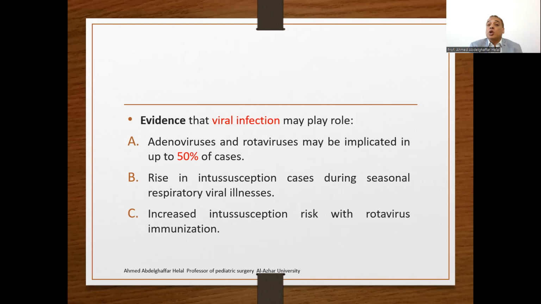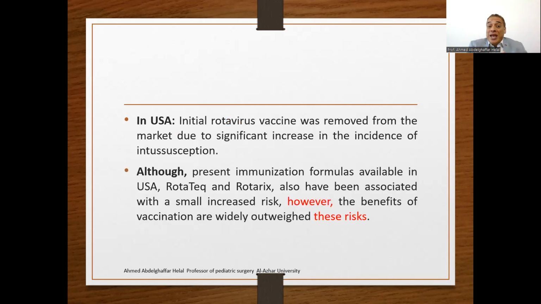So the link may be related to viremia and enlargement of the Peyer's patches, which will act as a starting or leading point. Also, there is a documented increased intussusception risk with rotavirus immunization. So all these items of evidence suggest that viral infection may be related to primary or idiopathic intussusception. In the USA, the initial rotavirus vaccine was removed from the market due to a significant increase in the incidence of intussusception.